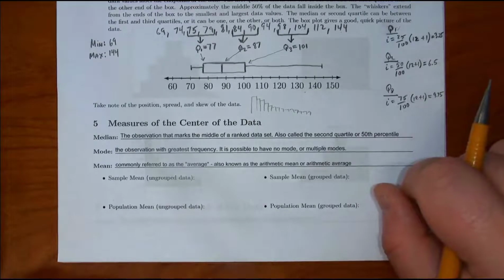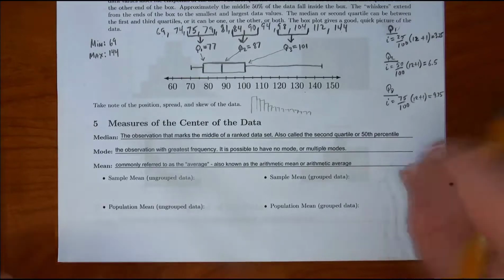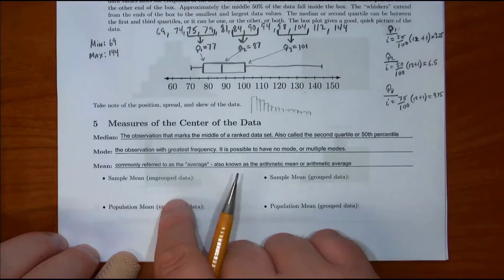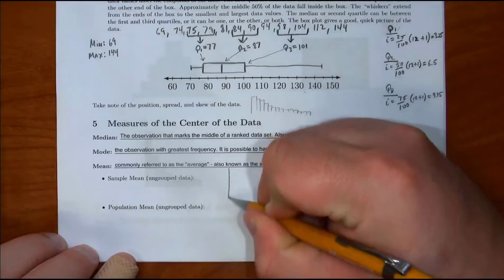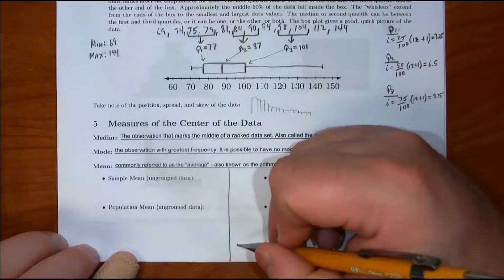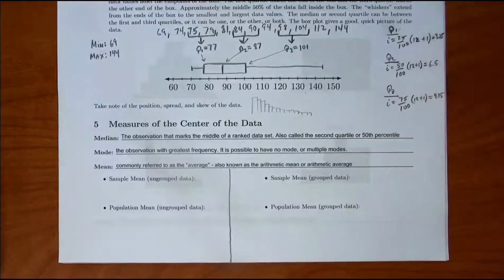So a sample mean. Okay, so first of all, we have to understand we're going to have different formulas for grouped versus ungrouped data. Grouped data is like when you have the notes from chapter 1, where you have different classes, like the class from 0 to 9, and 10 to 19, and 20 to 29.